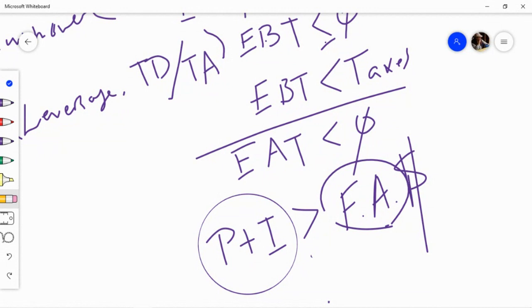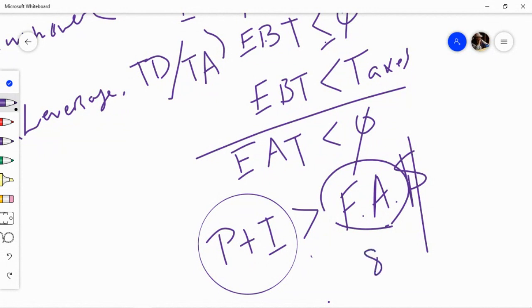I'm an economist, not an accountant. And as an economist, I analyze these things by logic, not by accounting practices, right? So think about it.